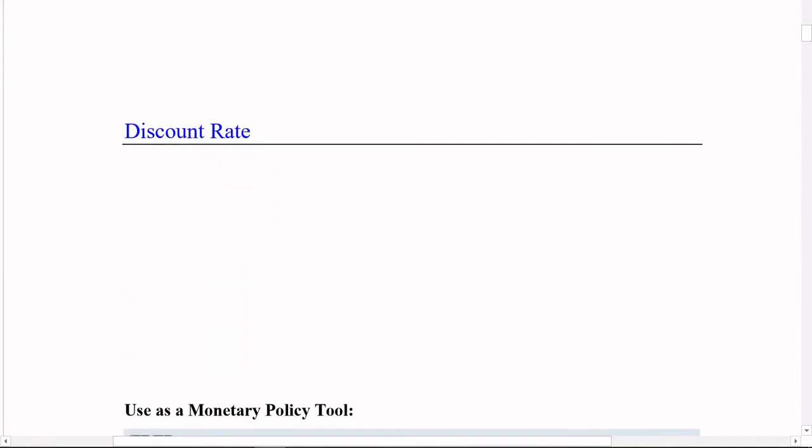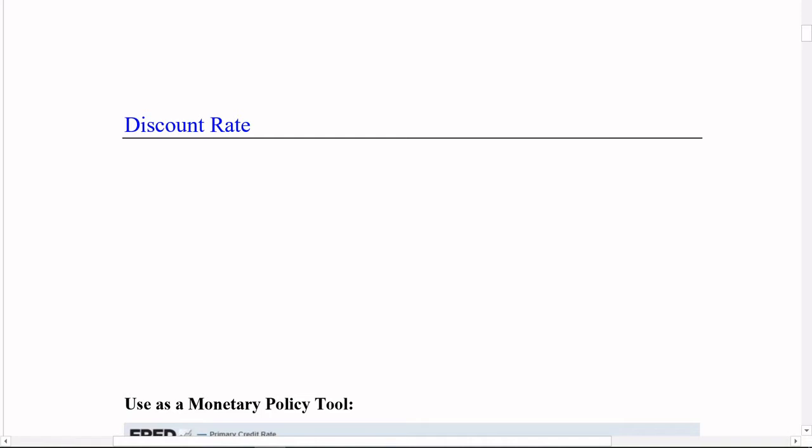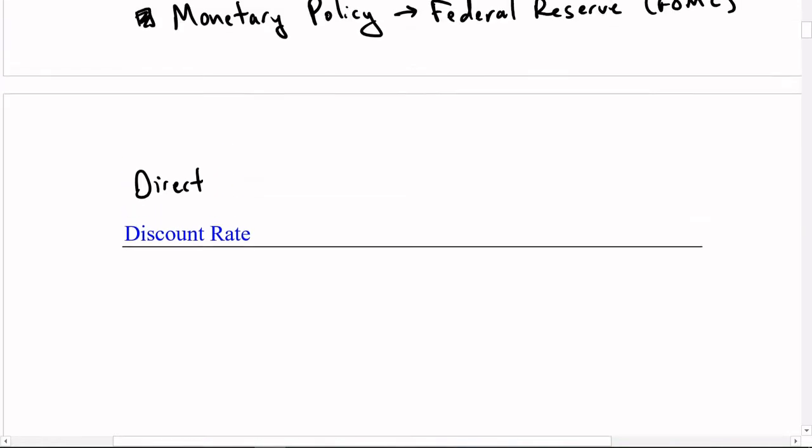The first one, which we won't spend too much time on, is more of a direct influence on the interest rates.